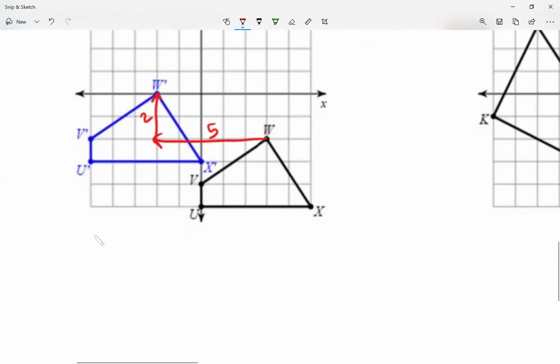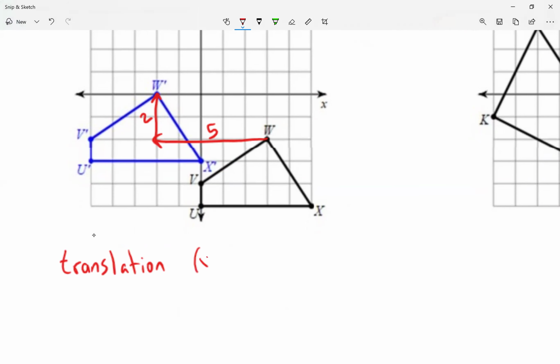So my rule, we're going to start it with translation, because it is a translation. Now, some of you might be asking, so how am I going to write this whole thing down? It doesn't matter if I go capital T for translation, lowercase t, do I capitalize things, how many spaces?